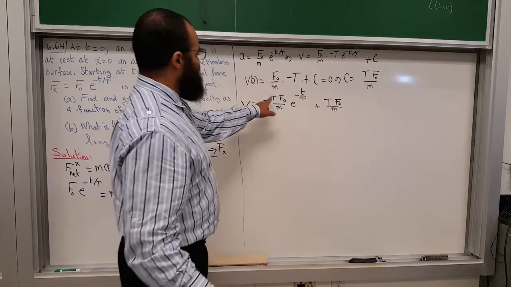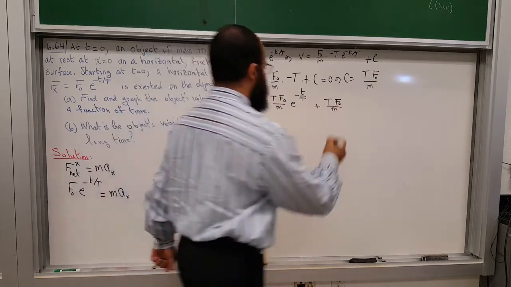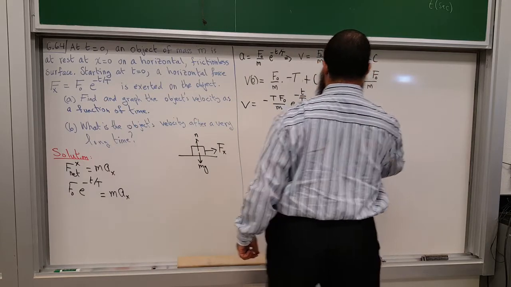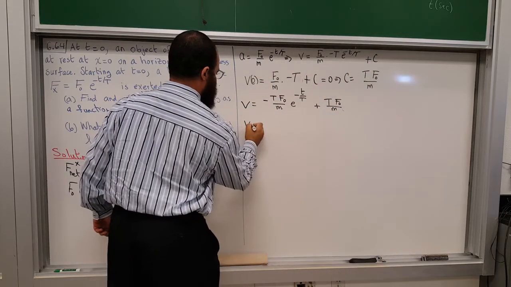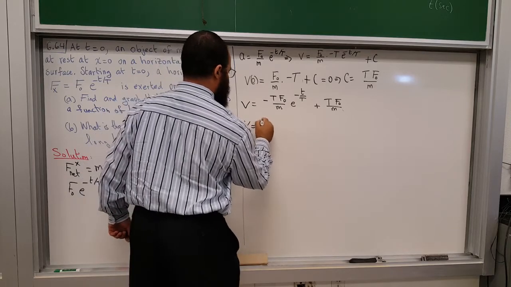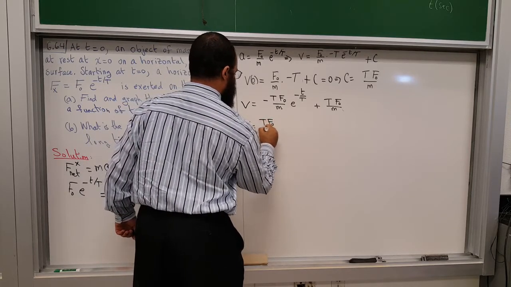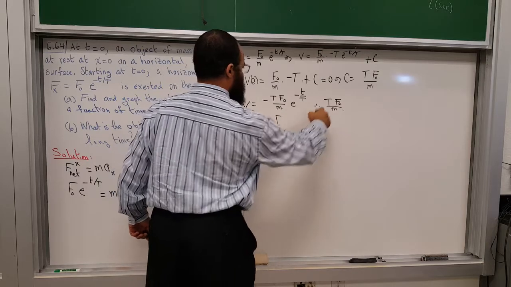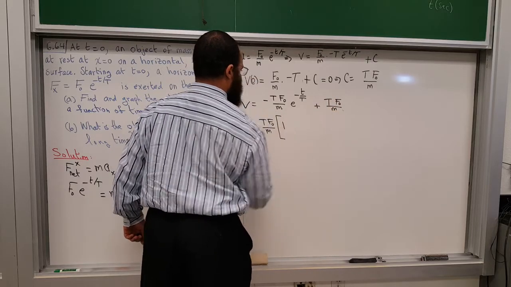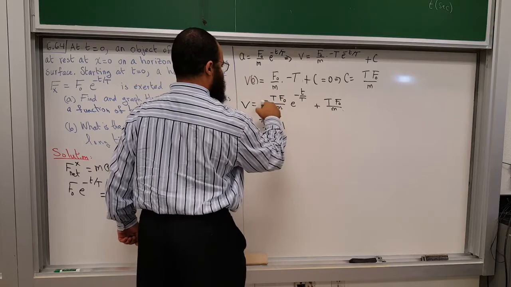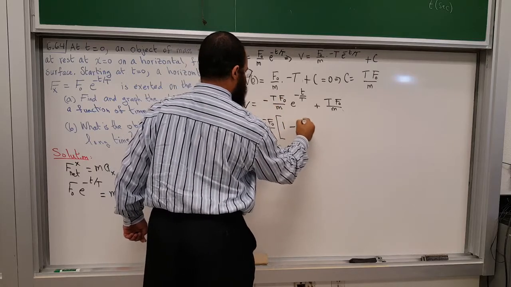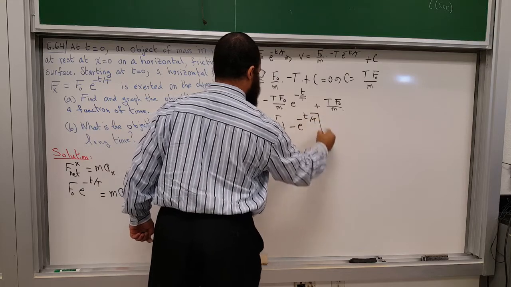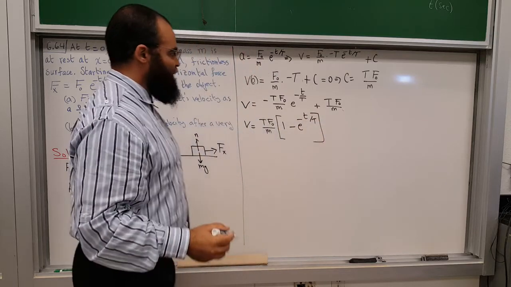And I'm going to factor out this T F0 over m. So V will equal T F0 over m times, when you take this out, you just have a 1 left. And then when you take this out, you just have the negative sign, and then e to the minus little t over capital T. So that's the graph.